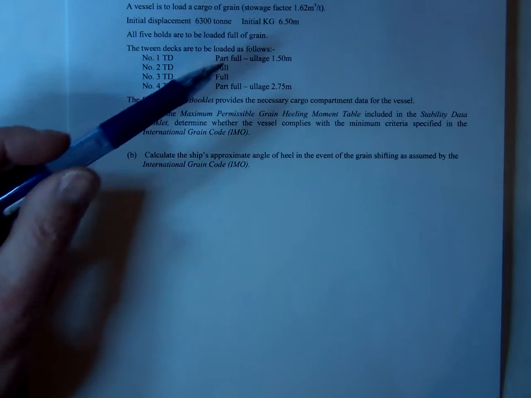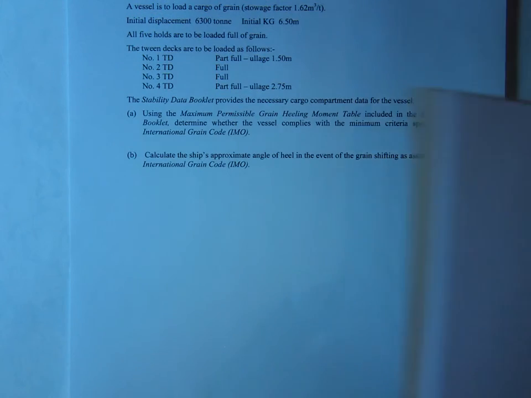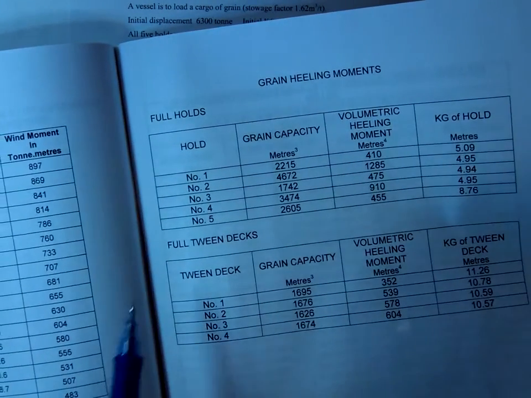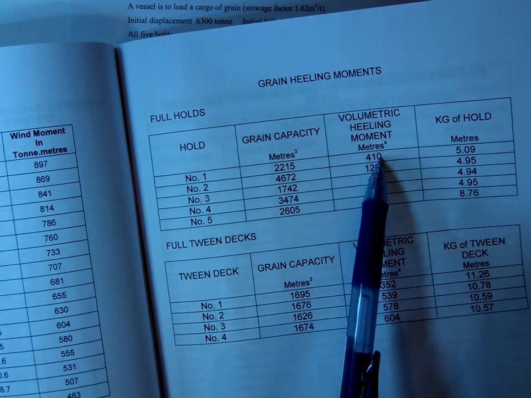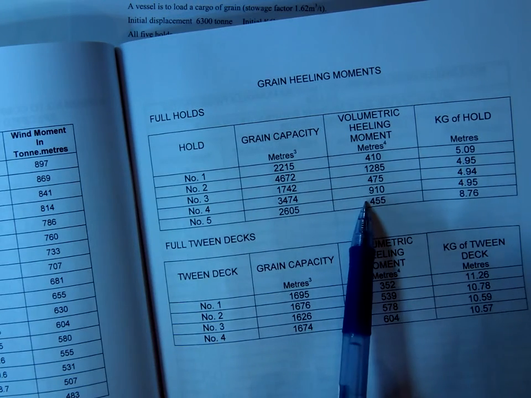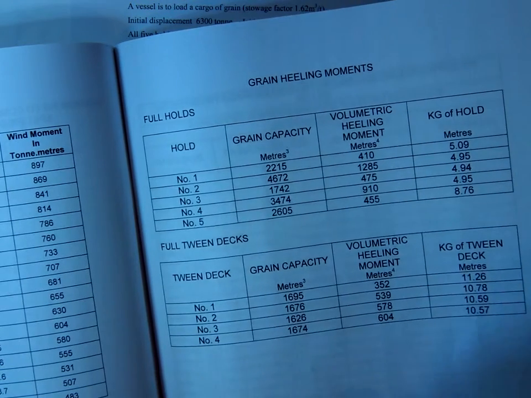So we're given our displacement and KG, and we're told that we're going to load all those as follows. If we look at our tables for the grain, we can see for the holds we've got our grain capacities, the volumetric heeling moments when they're full, and also the KG of the hold. Same for the tween deck.